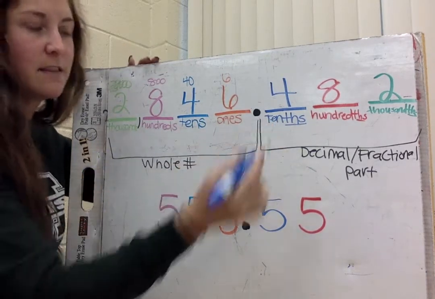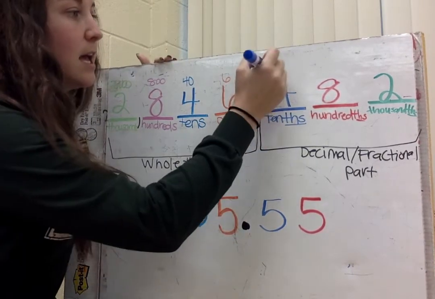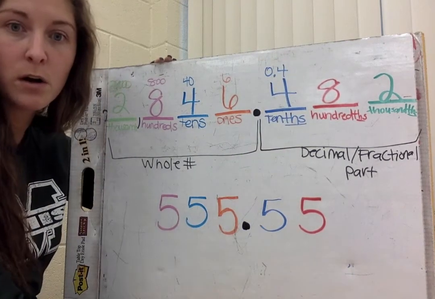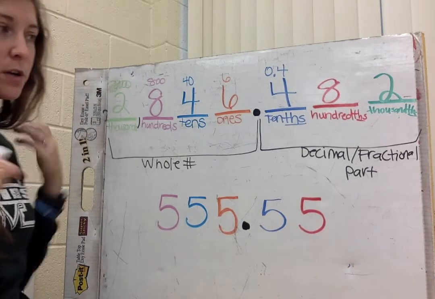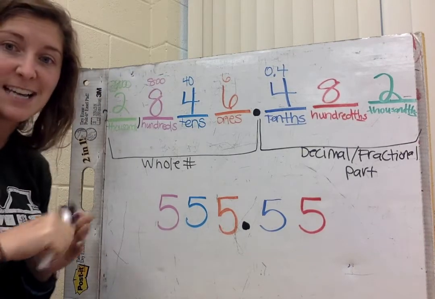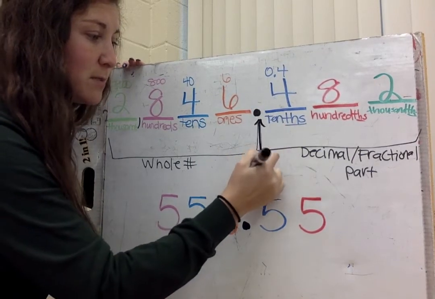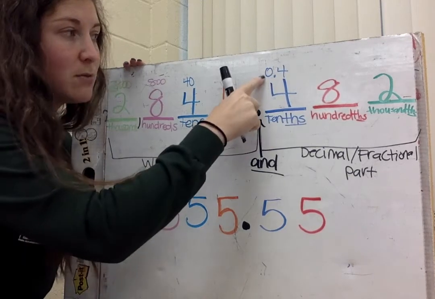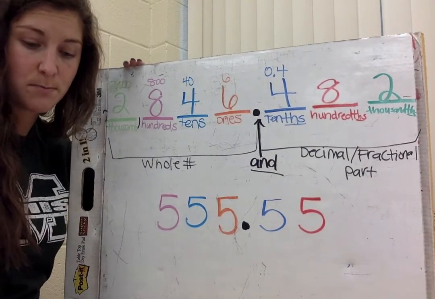In the tenths place, that value would represent 4/10, and I would write it as 0.4 or 0 and 4/10. It's important to know that whenever you're stating a decimal number, the decimal point should be stated as the word and. So I would say this number as 0 and 4/10.